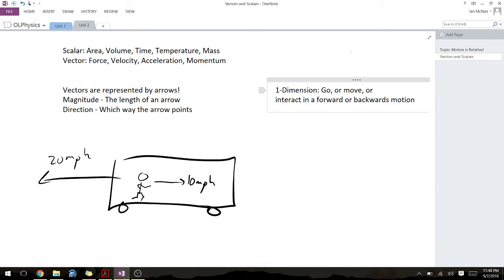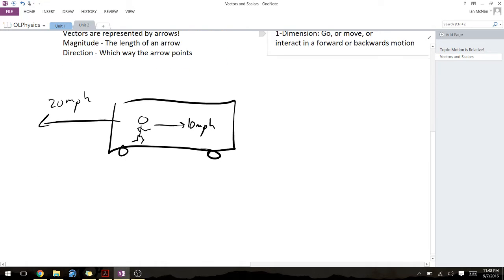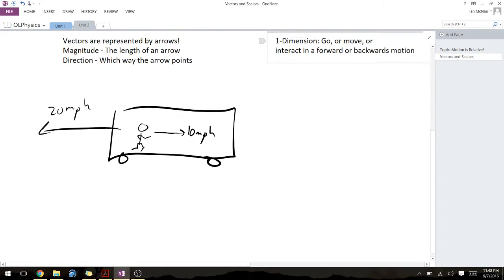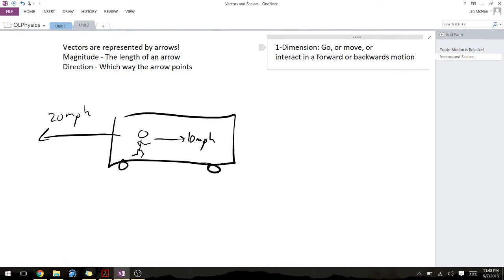So mathematically, we've already talked about this too in the last lesson, we need to choose specific directions so that we can actually calculate these analytically. So for this one, for example, if I wanted to figure out what is the speed of the person running, let's change it up. Let's say that this is our positive direction, this is our negative direction. Well, graphically, we'd actually add them using something called the tip-to-tail method.